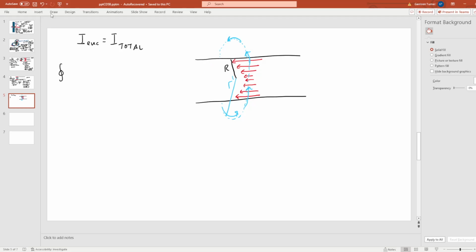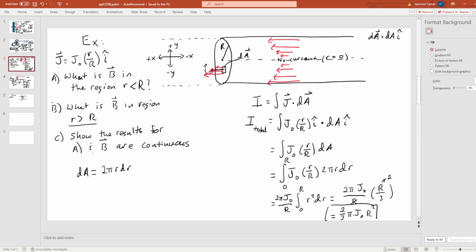And so the integral of B dot dl is equal to mu naught times my current. The total current was 2/3 pi J naught R squared.